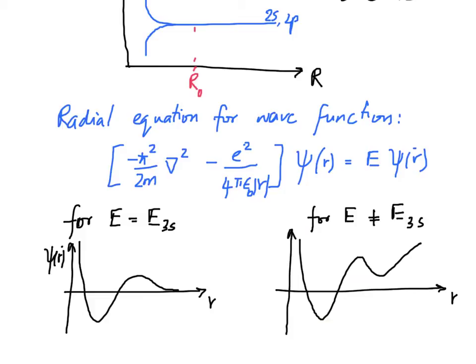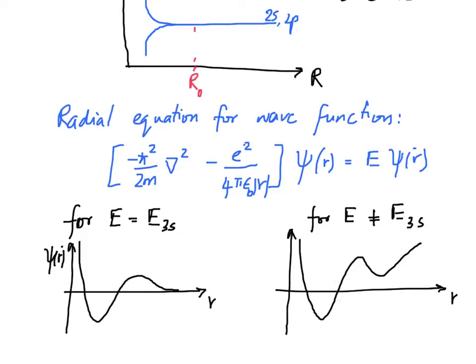We are assuming here, of course, that the energy, the E that we have chosen, is not equal to 3s but close to it, and for that reason the form of this wave function is roughly the same as over here for the most part, except that as you go to large values of r, it kind of diverges. Let us make another important observation.